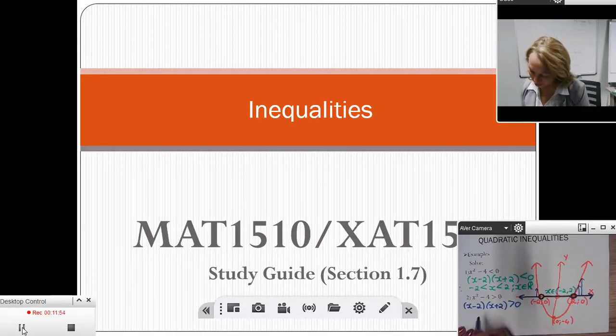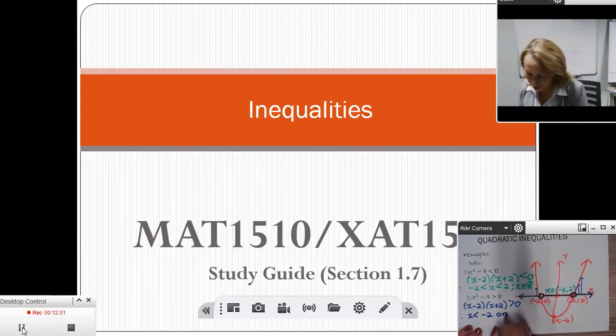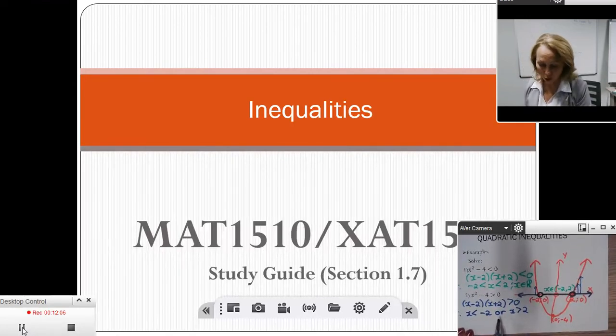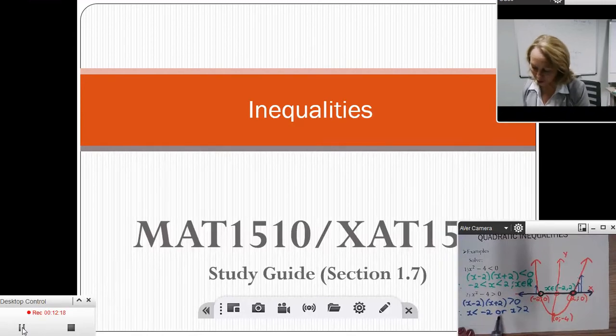So I can write my solution now as x strictly less than -2. Now I must use the word or: x greater than 2. We use the word or in this case because it's not a simultaneous solution. These two solutions are disjoint. There's no intersection between the two. That is why we use the word or. No x value can satisfy being smaller than -2 and being greater than 2 simultaneously.